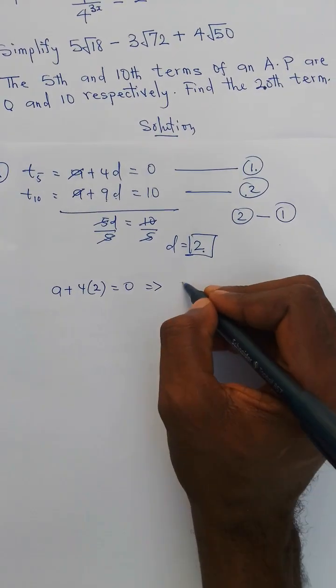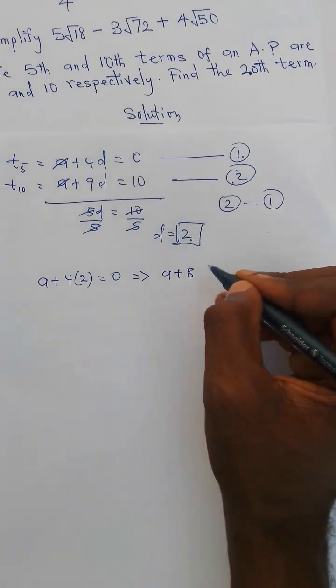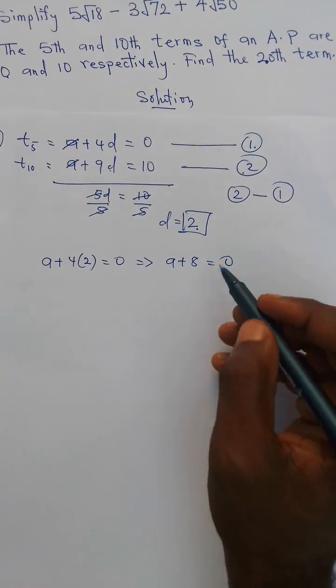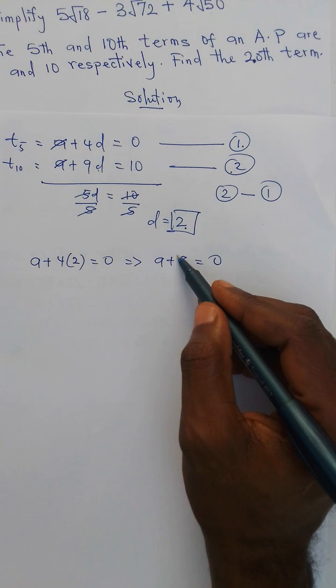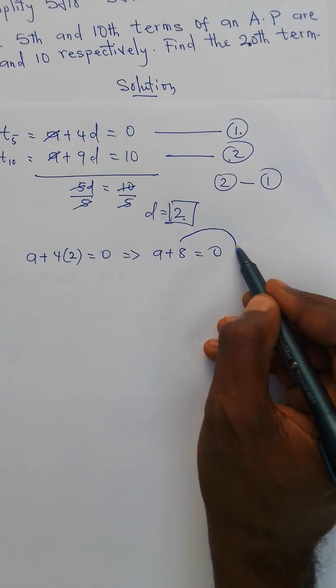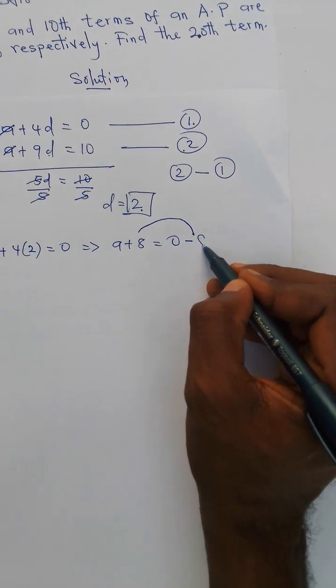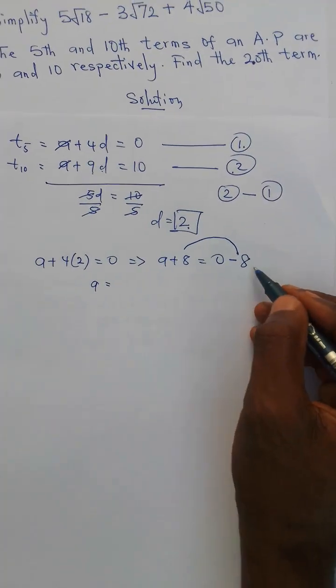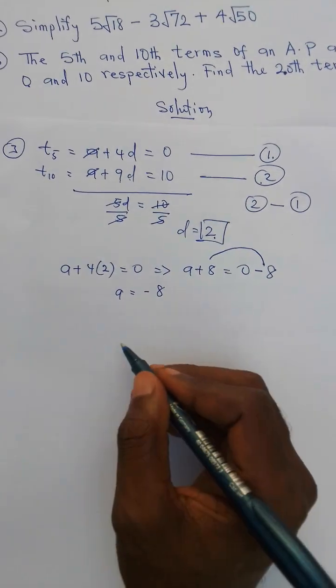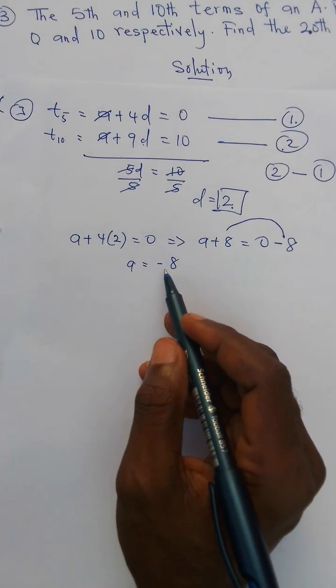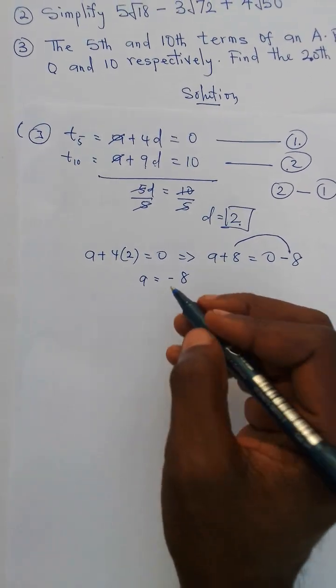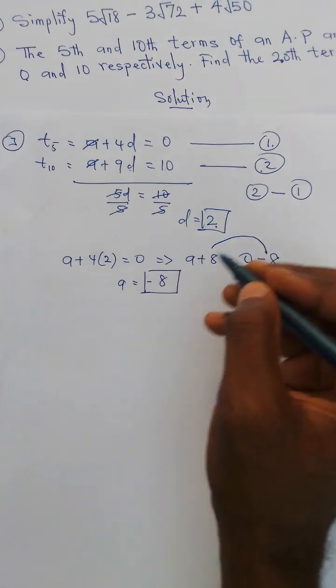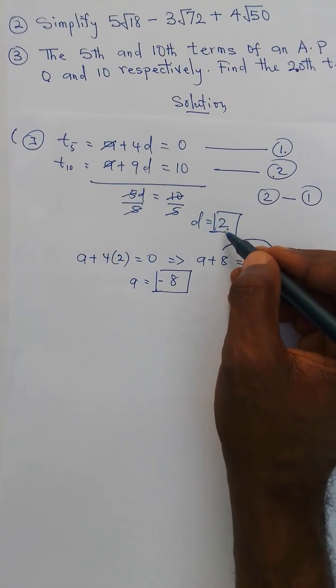So that will give us A plus 8 equal to 0. Now we carry this plus 8 and cross to this side to become minus 8. So A is equal to 0 minus 8, which is minus 8. So the first term is minus 8.